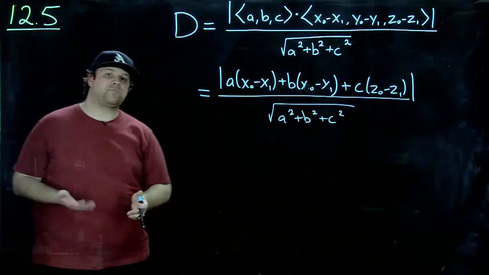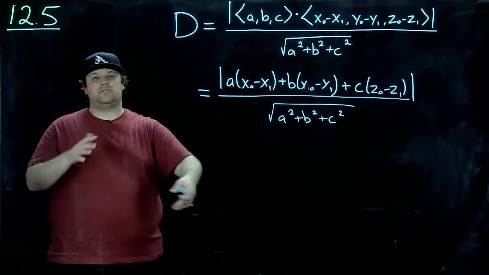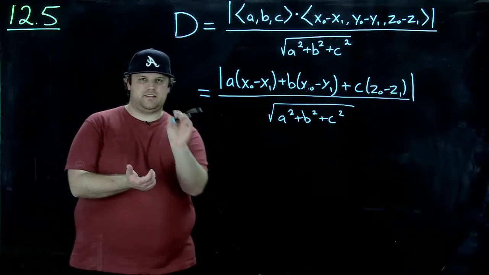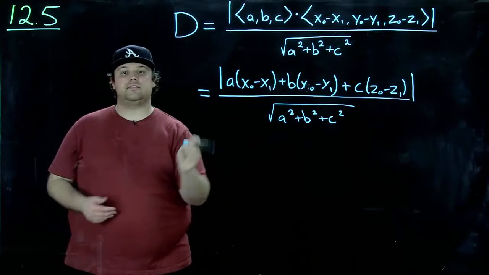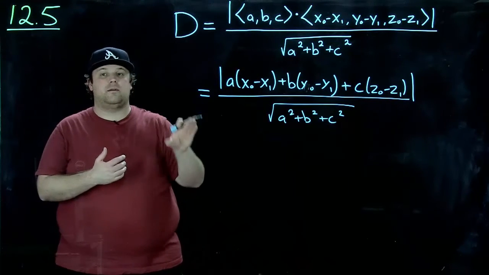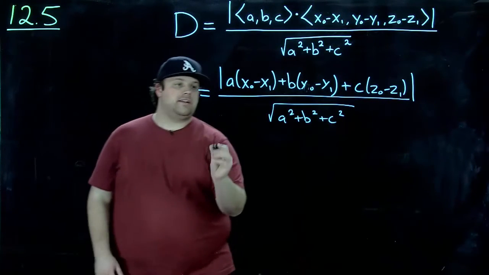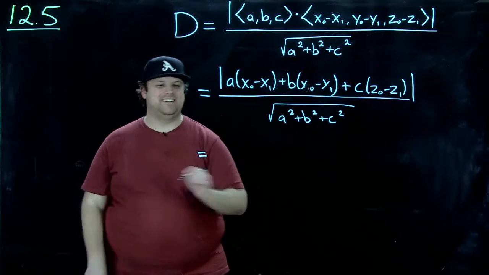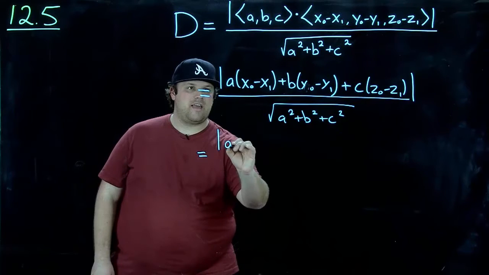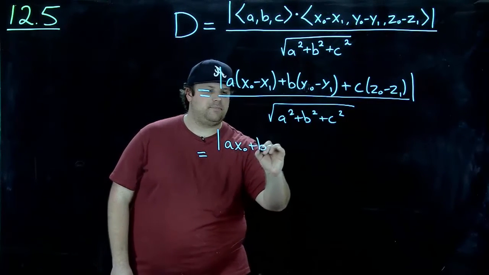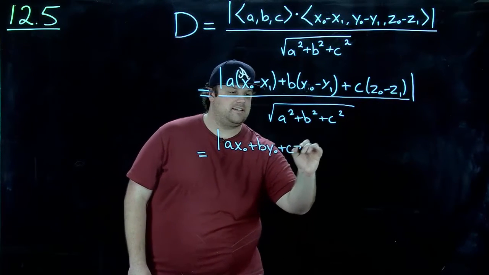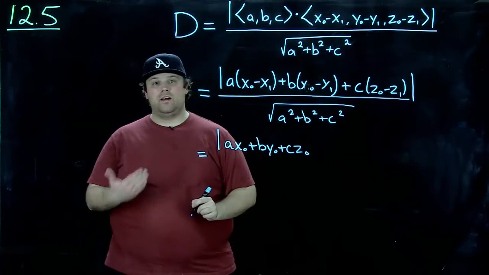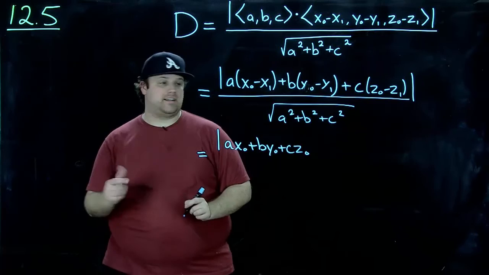All right? Well, let's continue moving these things around a bit. I want to group all the things with the sub-0, or the naughts, together, and then all the things with the sub-1 together. All right? And there's a reason for this, trust me. All right, so we have a x naught plus b y naught plus c z naught. And notice how all of the ones with a 1 have a minus sign in front.